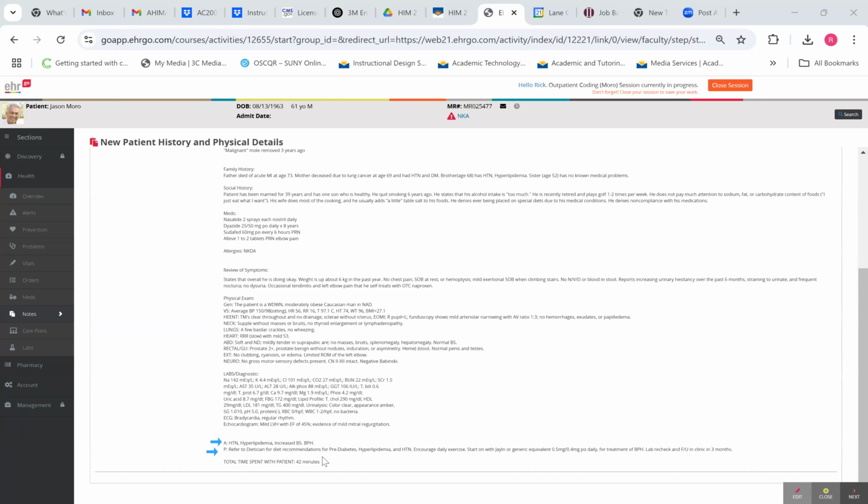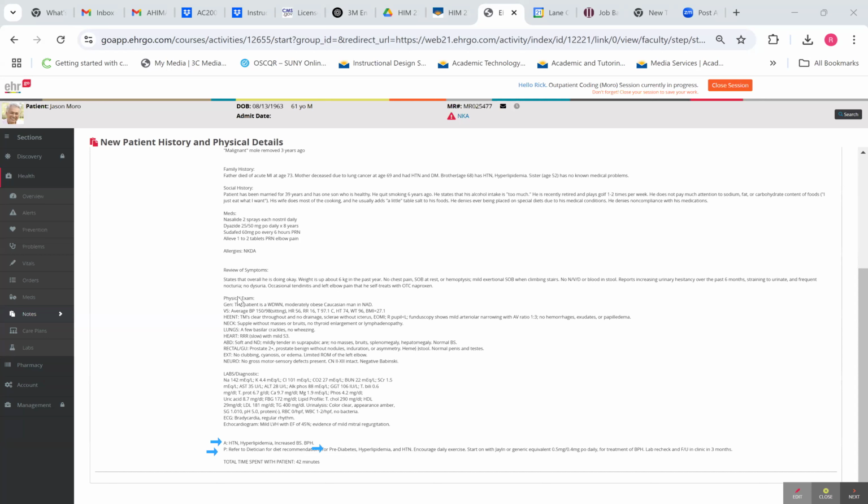So when we look at this, again, we don't code off the labs per se or the imaging. We code off what the physician documents. But in this case, we have a very strong case for abnormal blood sugar or elevated blood sugar based on this. Not only does he come out and say it, they also use the term prediabetes.